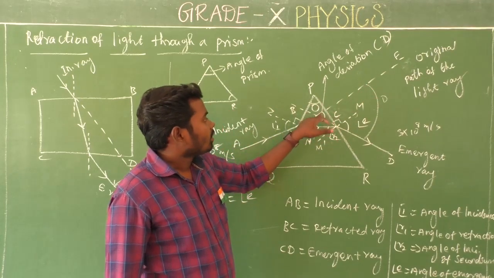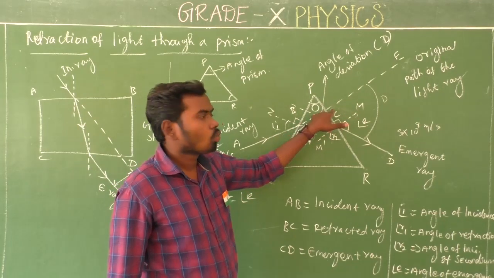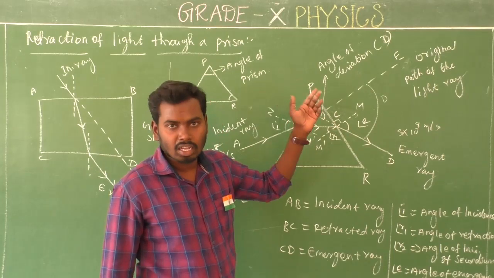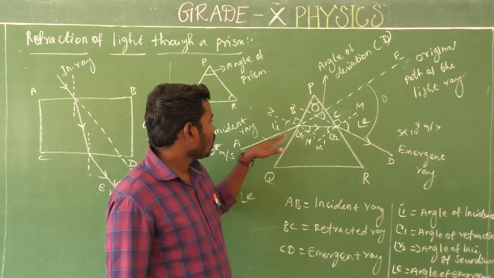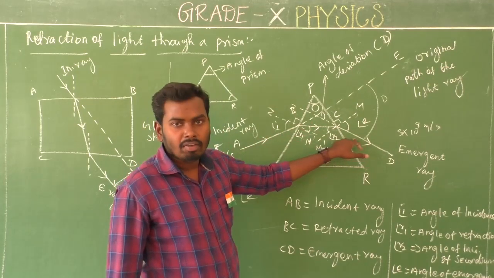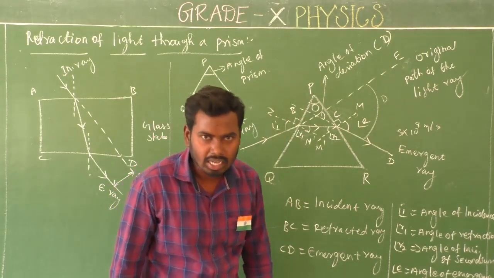So the angle between the original path of the light and the emergent ray is called the angle of deviation. Note this point, very important. What is the angle of deviation? The angle between the original path of the light ray and the emergent ray, meaning the extension of the emergent ray, is called the angle of deviation.